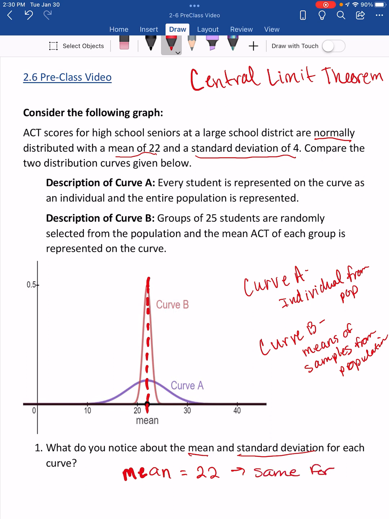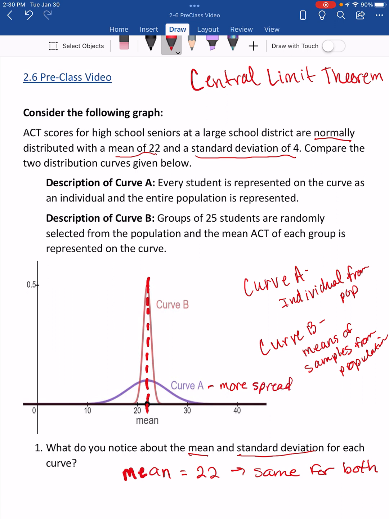What about the standard deviation? Oh, there's a big difference there in the spread of the distribution. Curve A, which is the population one, is much more spread out than curve B, which is those means of those samples of 25.